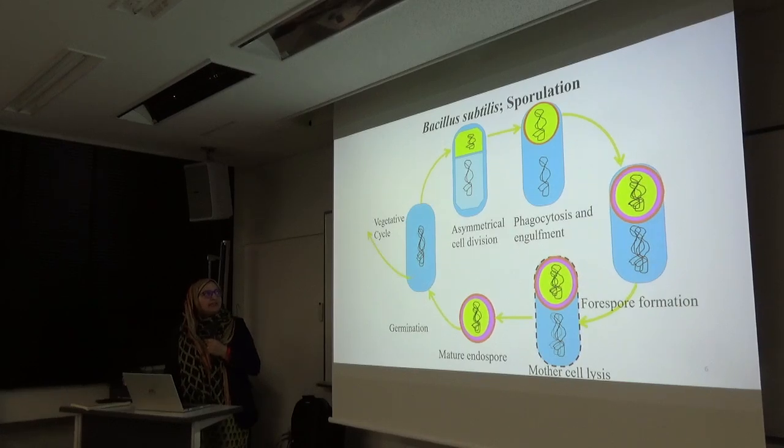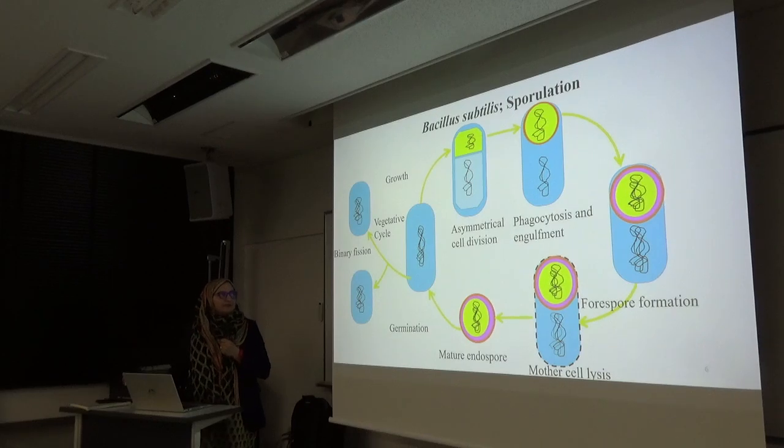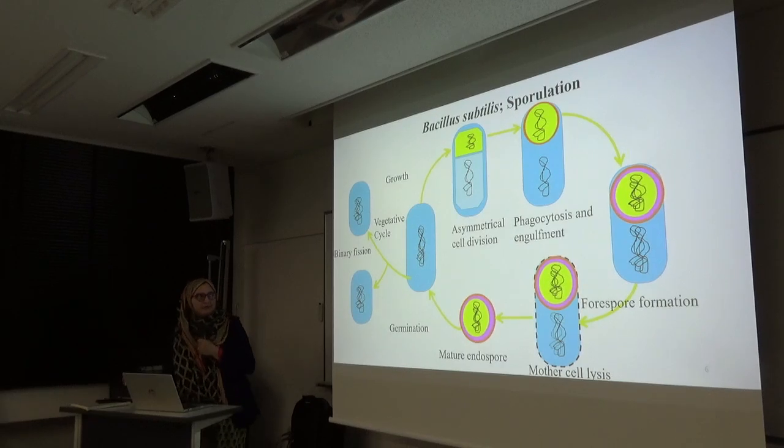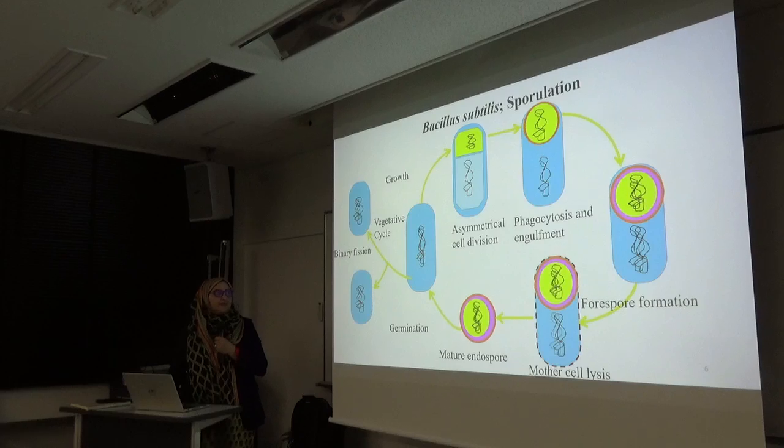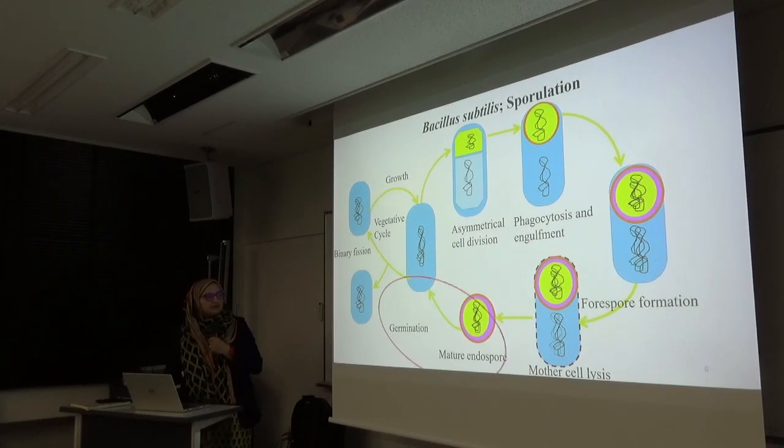After that, it can continue cell division by binary fission, or it can go back to spore formation, depending on the environment it faces. The main interest of my research is these two stages, the mature endospore and germination.